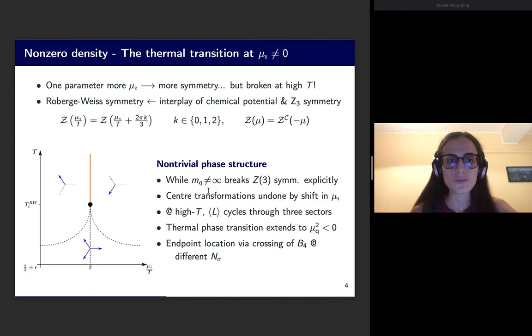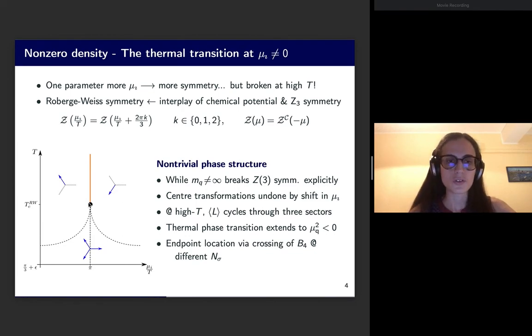What you should do if you want to study this phase diagram is you need to adopt the techniques that are analogous to what we studied together for day one and in the assignment of day one. But the fact that every beta is critical if you are, for example, simulating exactly on this line makes the analysis a little bit more complicated. The way to find out the location of the endpoint is by looking at the crossing values of the kurtosis of the distribution at different values of N sigma.